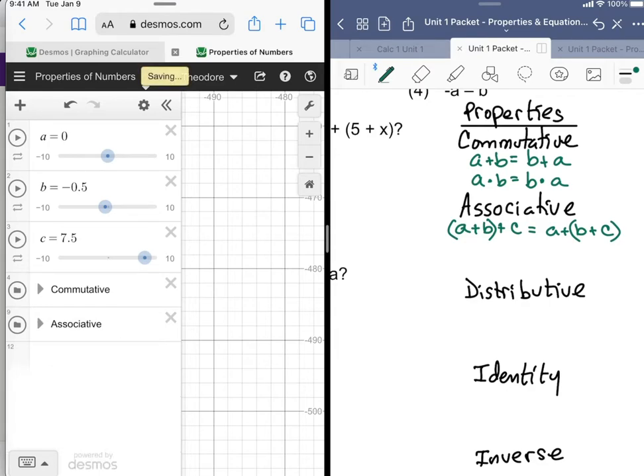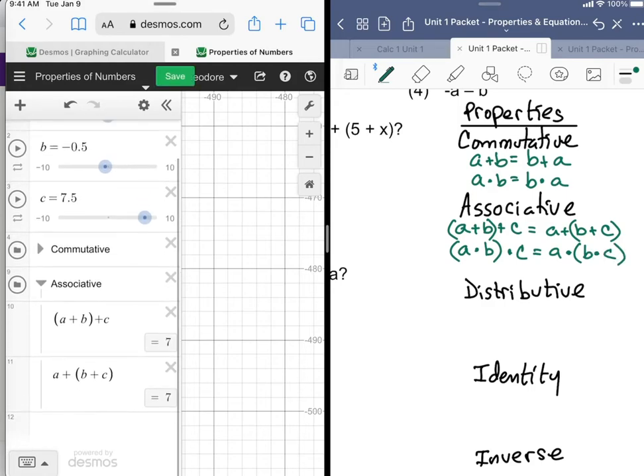All right. So going over the techniques, but I'm also going over with you how you can use Desmos to your advantage. All right. Distributive property. Oh, sorry. Associative property and multiplication. A times B times C. All right.